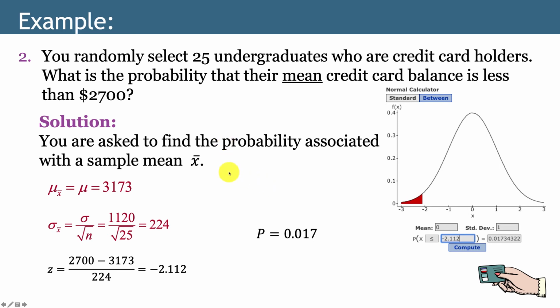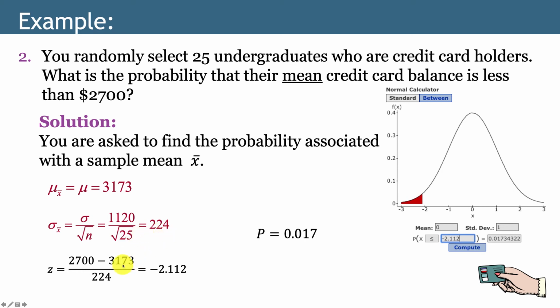But the Central Limit Theorem told us the mean of the sample means is the same as the population mean. So it still has this center, but it's not spread out by 1120. It's spread out by the standard error, which is sigma over square root of n. So that's 1120 over square root of 25.